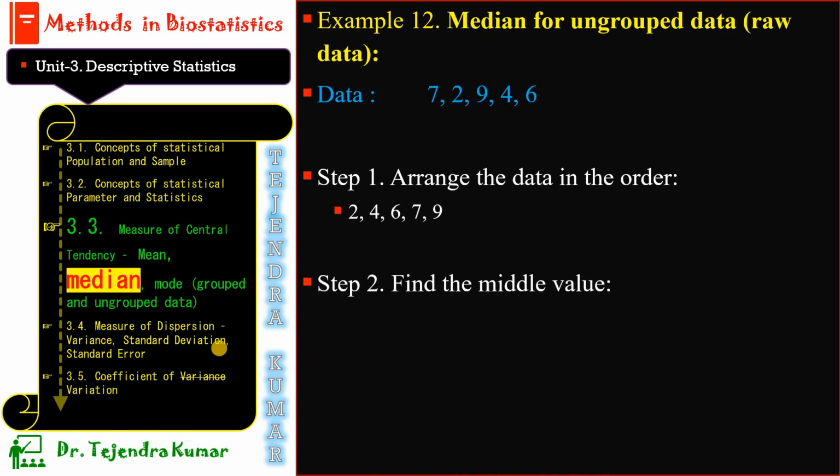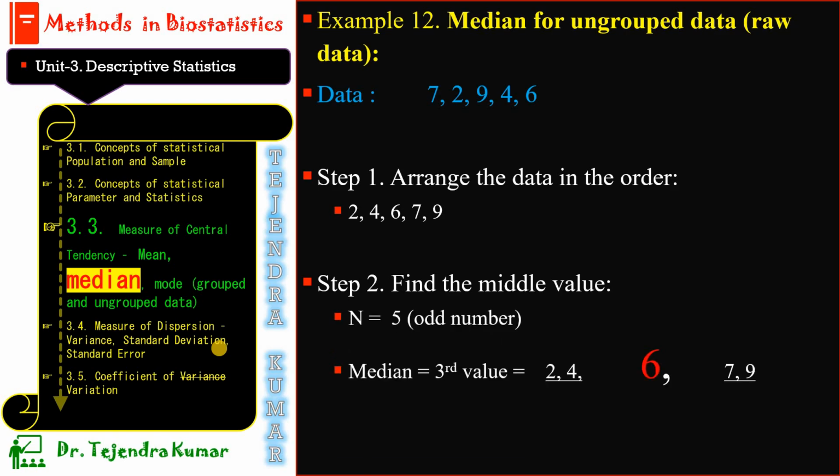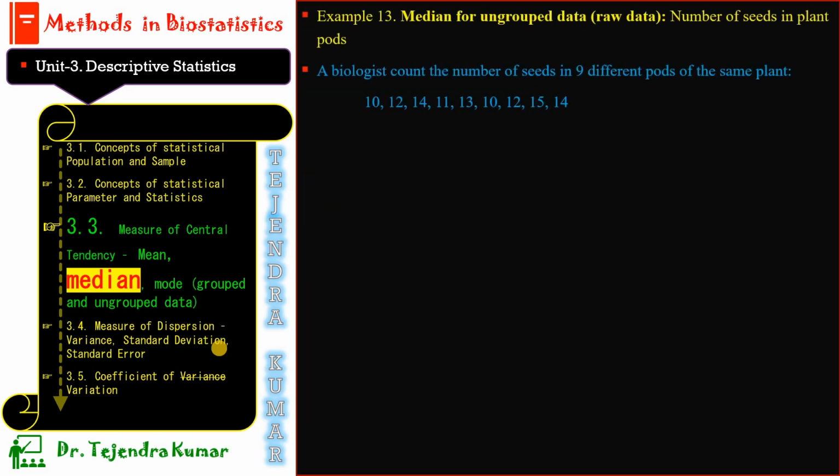Now find the middle value. n is equal to 5, which means an odd number. So the median is the third value. Let's separate the values: 2, 4 on the left side, 7, 9 on the right side, and the middle value is 6. So in that case, the median is 6.